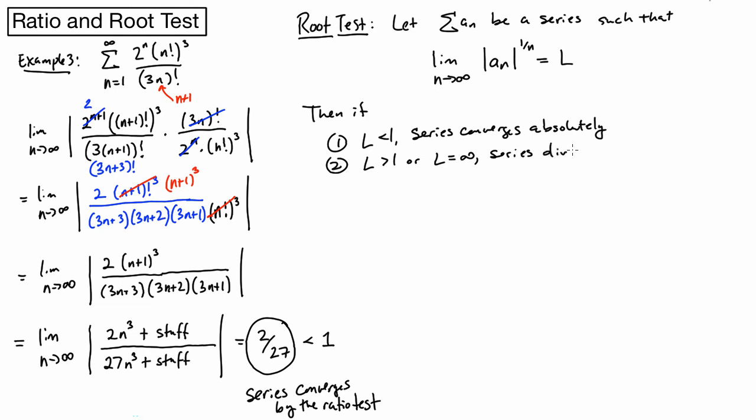These are the exact same conclusions that we reached in the ratio test. When L is 1, the test is inconclusive. So the hypothesis for the root test is slightly different than it is for the ratio test, but the conclusions are the same. So let's do an example of this.